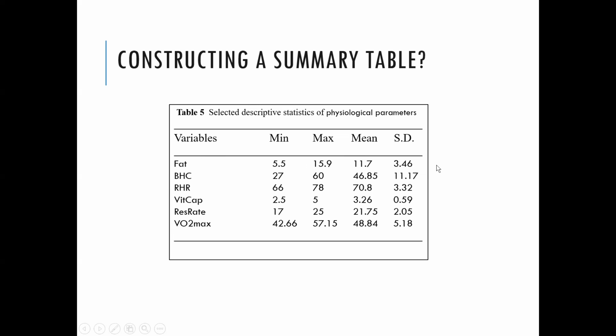And then if you remember from earlier in the lecture, if that isn't the case for your sample, what statistic would we often report? That would be the median, and probably the range and also the interquartile range.